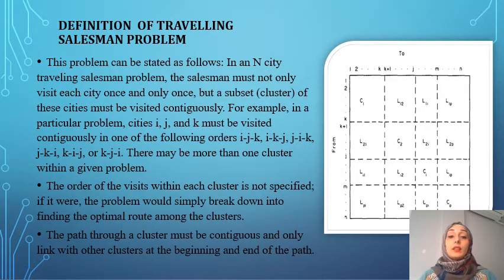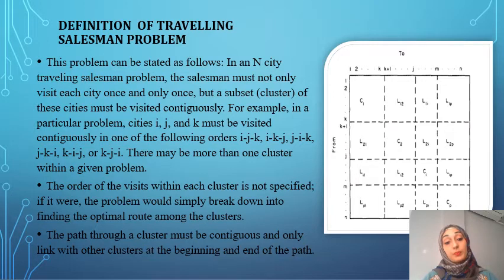When we define the traveling salesman problem, we can consider this example. In an n-city traveling salesman problem, the salesman must not only visit each city once and only once, but a subset, a cluster of these cities must be visited contiguously.